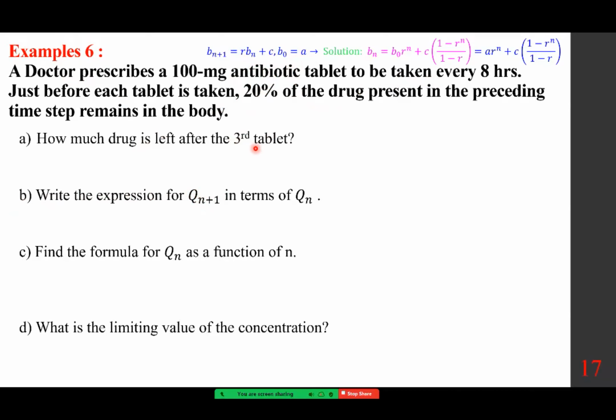So we are dealing with the patient and prescription and medication. Normally this is 0. So instead of B sub 0, we're going to say Q sub 0 or A is 0. Can anybody tell me what is the lowercase c? The lowercase c, the amount of constant that the patient receives?